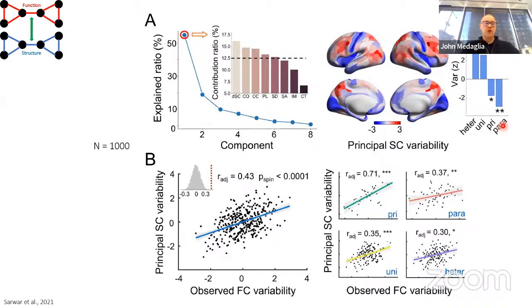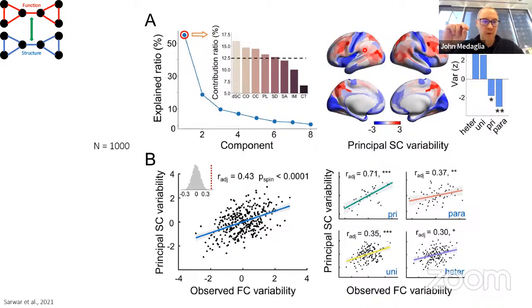So the first thing they're showing is that there's a heavy loading of these heteromodal systems on the variance in these structural networks. To me, that's kind of reassuring in the sense that when I go and look at things like frontoparietal networks, where the brain varies the most and where there's a lot of cognitive variation are in these heteromodal systems, kind of broadly speaking. There's a lot of exceptions, but there's some pattern there in some network analyses.